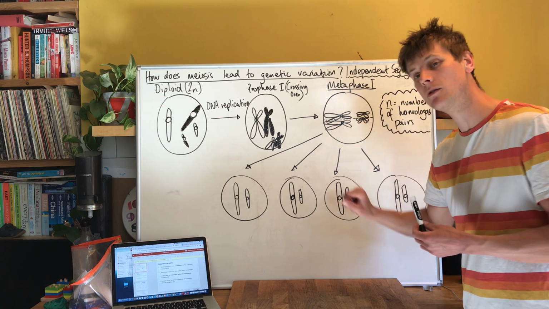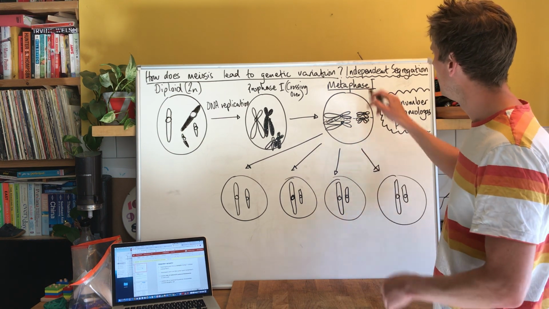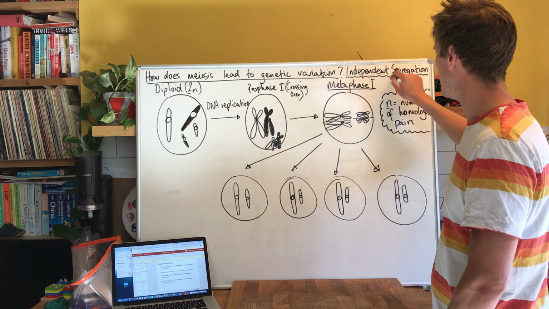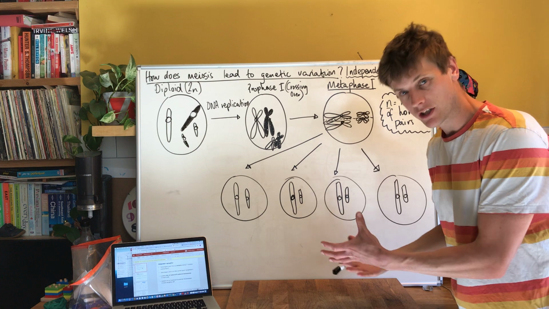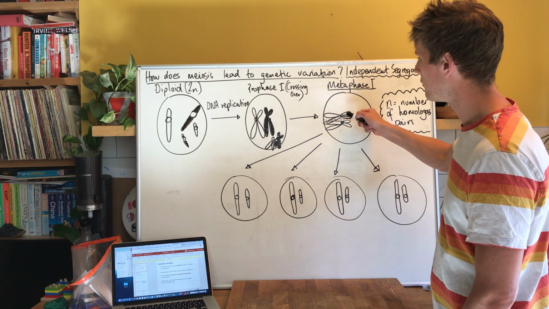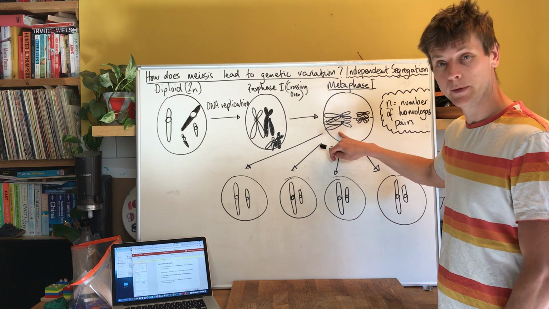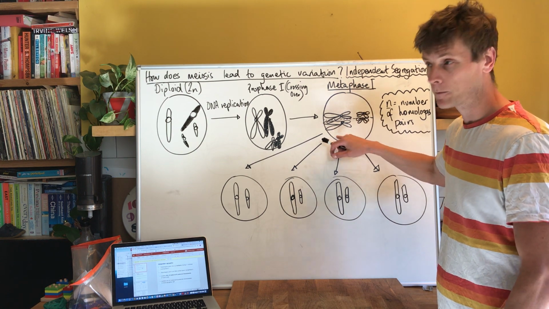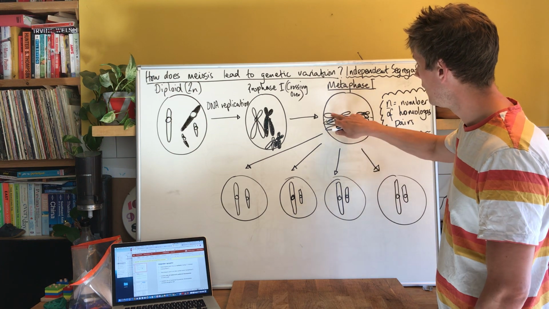Now, the way that they do this is completely random. Okay? This is where we get this idea of it being independent. So there's no organisation of whether or not a maternal chromosome is on the top and a paternal chromosome is on the bottom, or anything else. It's completely random.